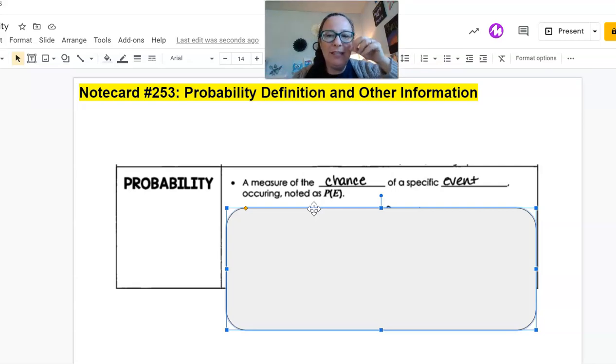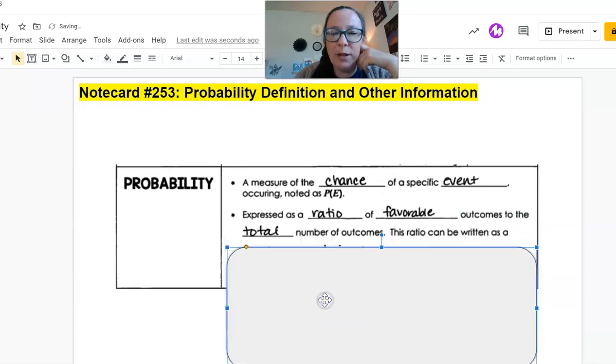So this is the chance of a specific event occurring, and we note it as P of E. Now to you, that might look like P times E, but with probability, we use capital letters, and it's the probability of the event. So if I wanted the probability of getting tails up, I would put P of T, probability of tails. So it's really in context of the question.